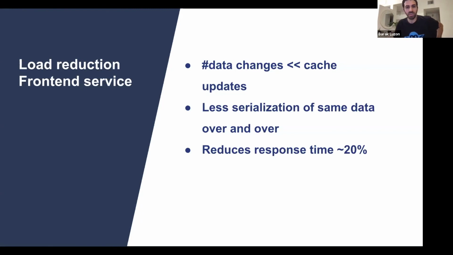Not all the records are changing on the very short TTL that you have. If you have a TTL of 2 minutes, not all the 500,000 records will change in this 2-minute window. But again, in this 2-minute window, if you are working with all these records, you will still go ahead and try to fetch them and serialize the same data over and over and over again.